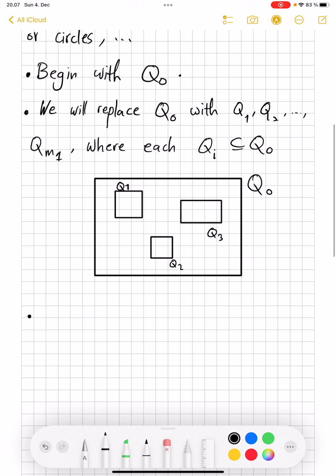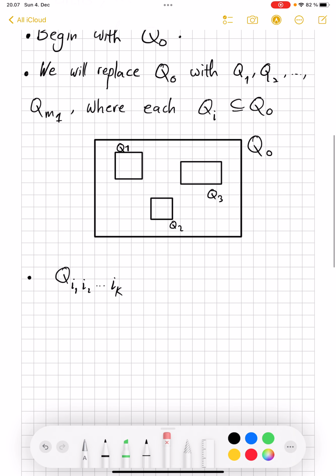In the next step, of course, you will construct inductively. Suppose you have proceeded k steps, so that you have I1, I2, up to Ik. So you will have many such cubes at step k, and you fix one of them, and for the next step that will be replaced by some of its own babies.